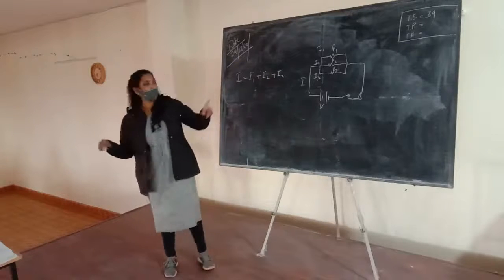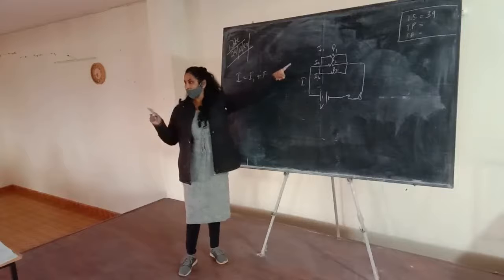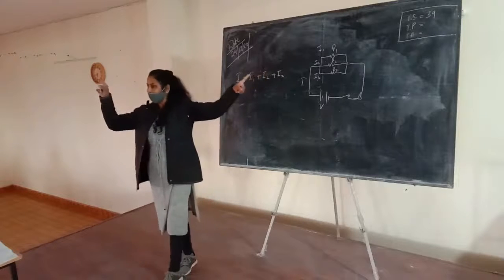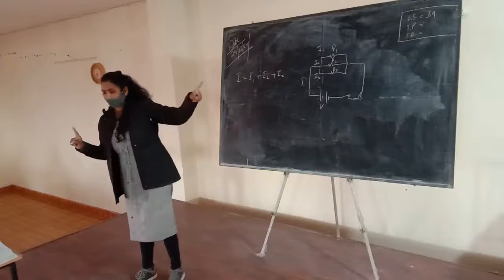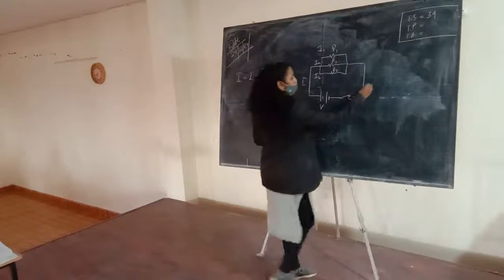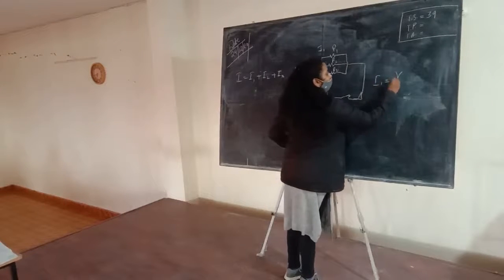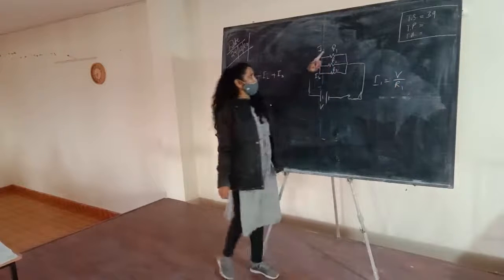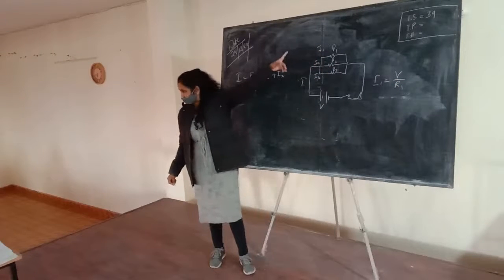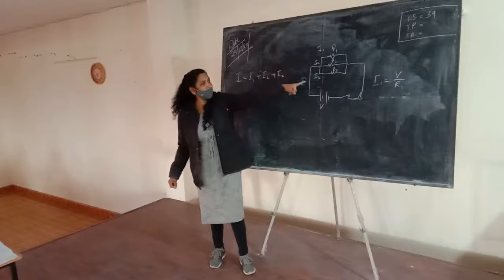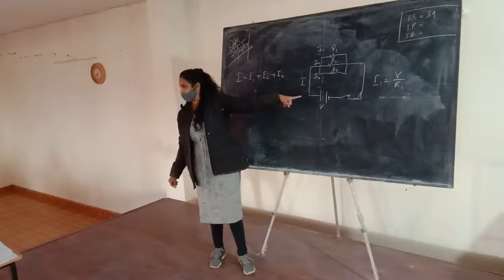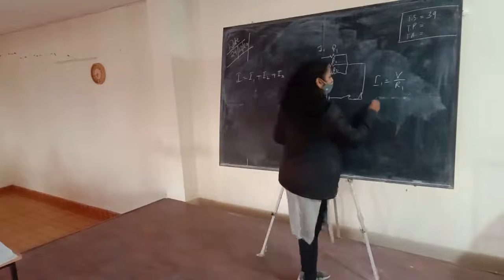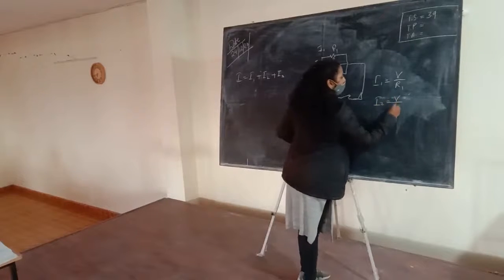Can we find the value of I1 here? According to Ohm's law, we know that V is equal to I times R, so I will be equal to V upon R. Right? This is the formula. Okay. So I1 will be equal to V upon R1. The potential difference of the first resistance is V. So the current I1 will be equal to V upon R1. And what is the value of I2 here? Joshua? V upon R2. And for I3? Yes, V upon R3.